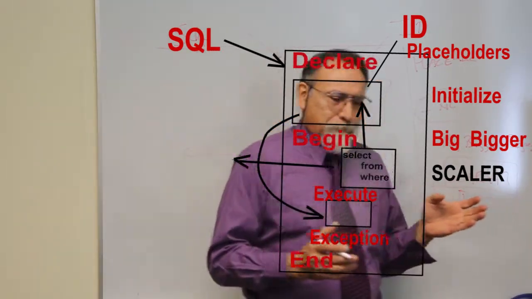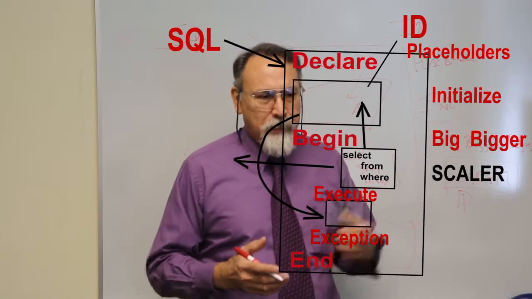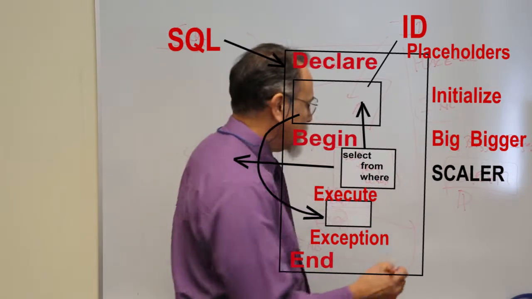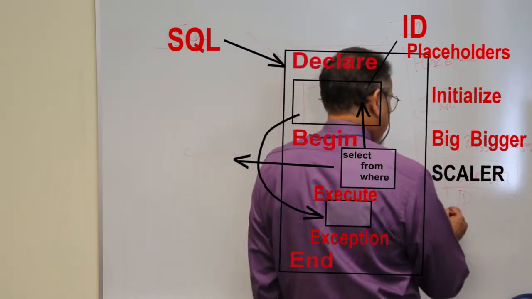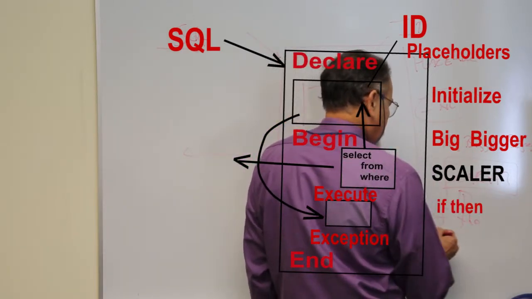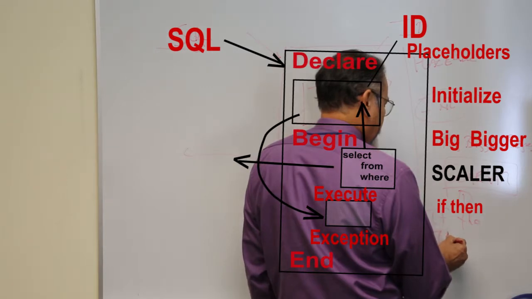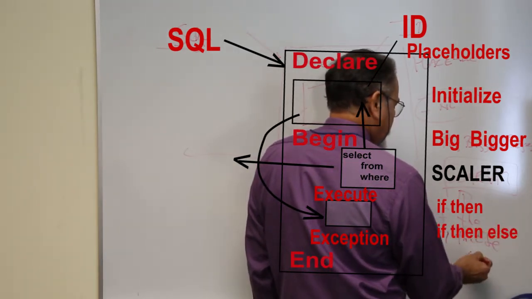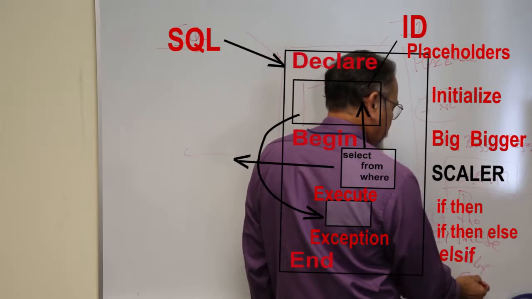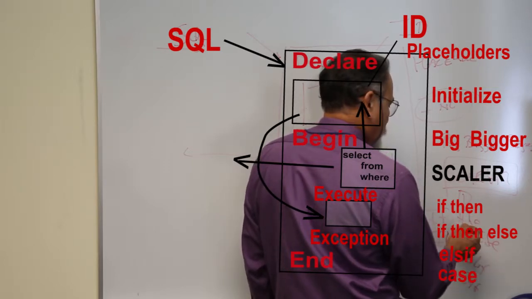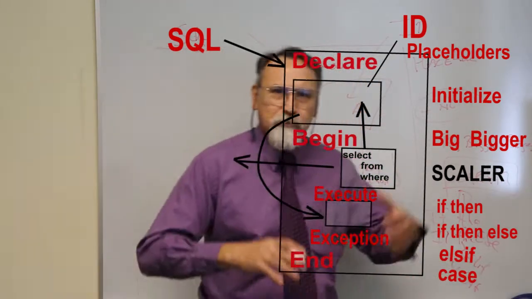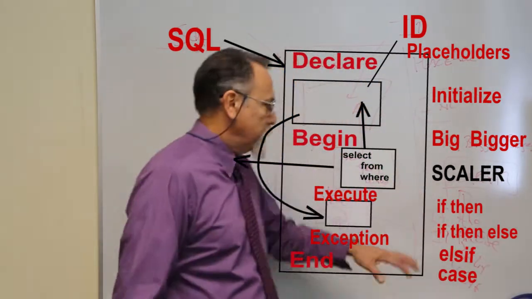Now, as you're doing this and you're testing this, you're going to have decisions. So this is where the process of if then comes in. If then else, then there's else if, and then there's case. So there's actually 4 different decision structures that are used.